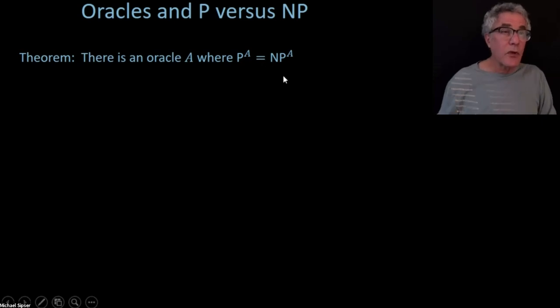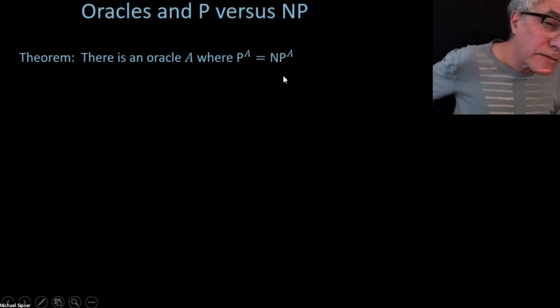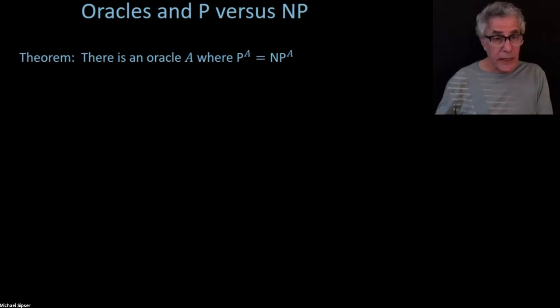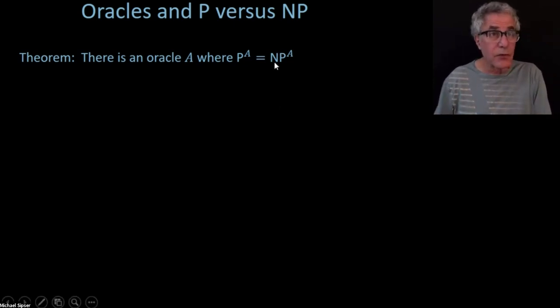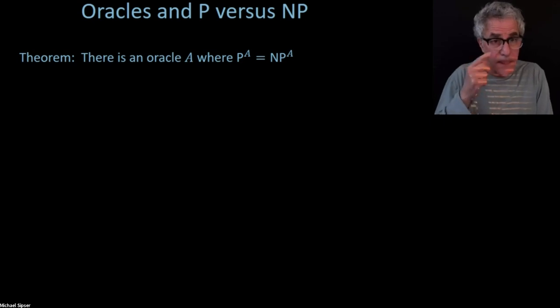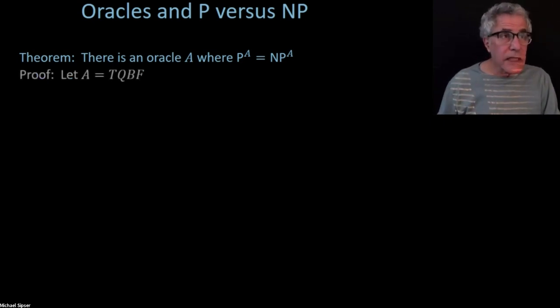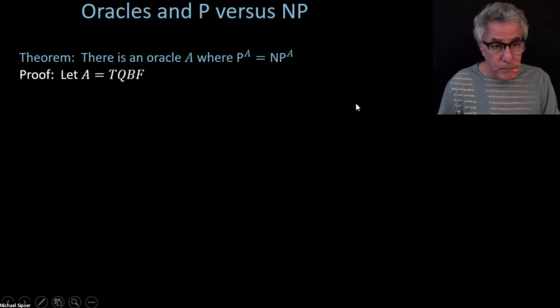So there's an oracle where P to the A equals NP to the A, which seems kind of amazing at some level, because here's an oracle where, if I give you that oracle, non-determinism doesn't help. And it's actually a language we've seen. It's TQBF. Why is that?